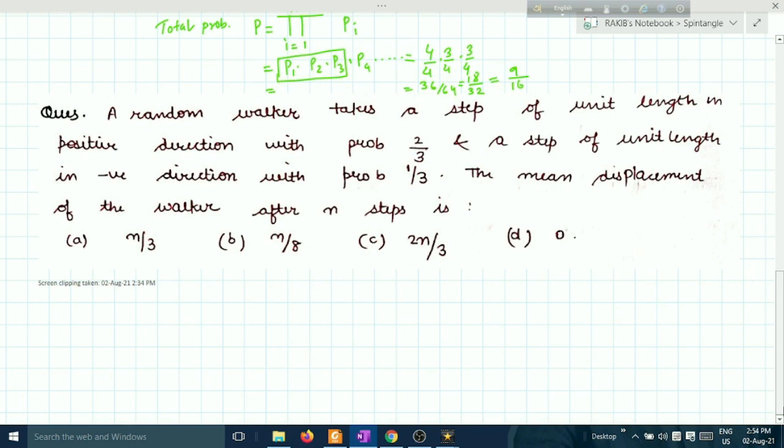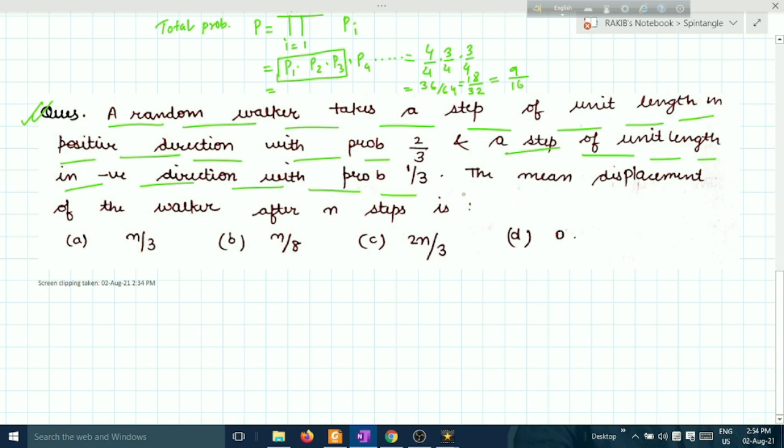Okay, let's go to the next question. The previous question was from a 2-dimensional lattice problem. Another we are taking is a 2-dimensional lattice problem. A random walker takes a step of unit length in the positive direction with probability 2/3 and a step of unit length in the negative direction with probability 1/3.